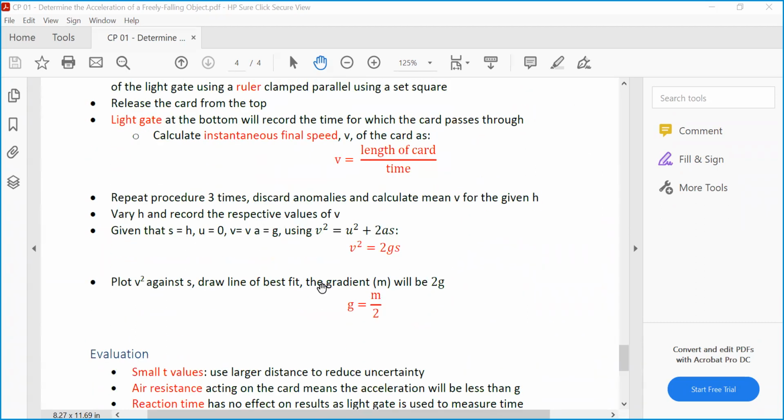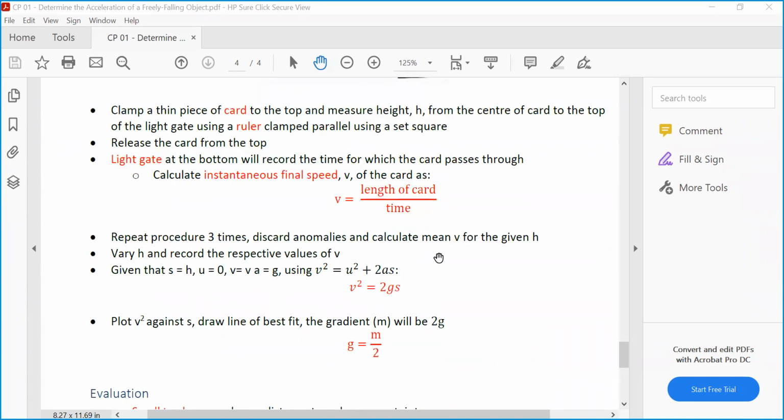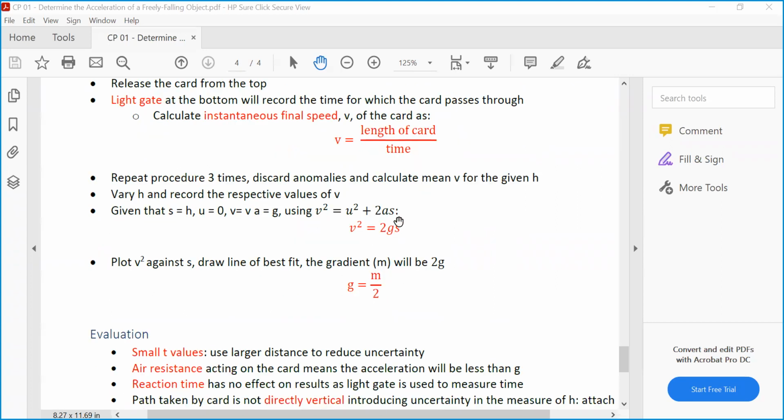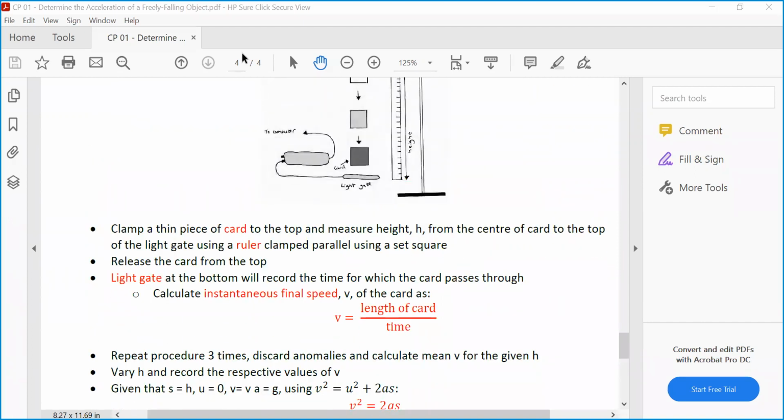In all of these, you can use a graphical method. By changing this distance s, you can take different readings and draw a graph and finally take the answer. Here, if you draw the graph of v squared against s, it is also a y = mx type graph.